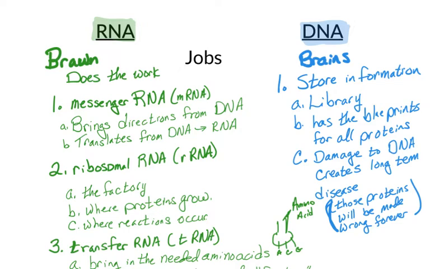But if the library, the blueprint, is damaged, that mistake will continue on creating damaged protein because it's the blueprint. Everything goes back to that, and the messenger RNA will always pick up the wrong message and create damaged protein.